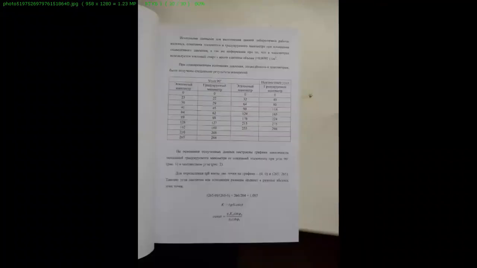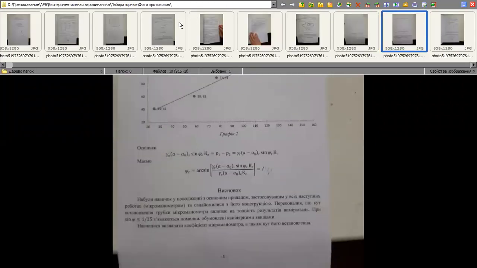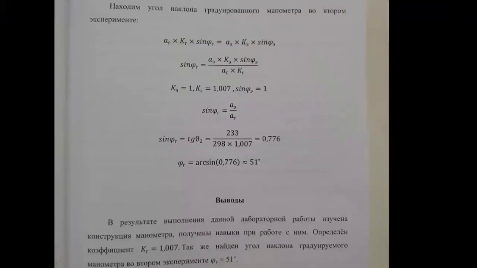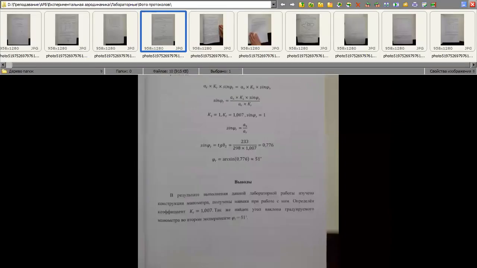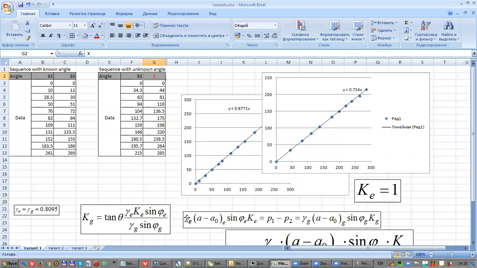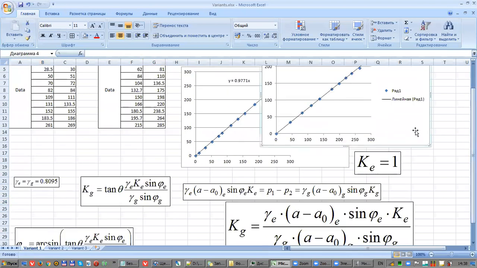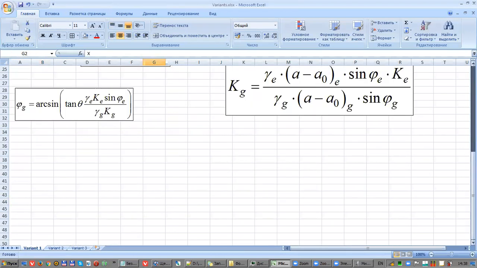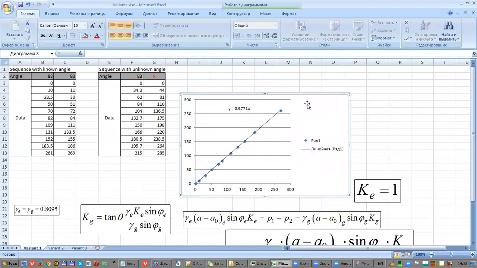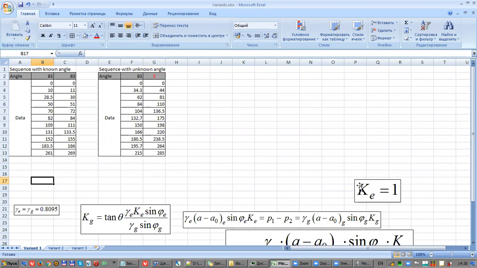Put this formula and the values you find for the angle. Like in this case, angle 51. So I just send you these files with 3 tables and all formulas you need. You just need to add graphs, find coefficients from graphs, and do all the calculation in 2 formulas.